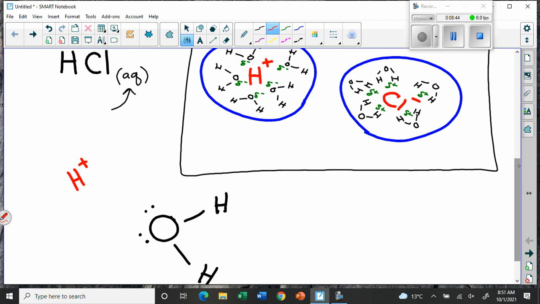This H right up here, this red H, it's positive. So it will be attracted to negative things. And what happens is, if you notice, right here, there are two negative electrons that aren't doing anything. Now, a hydrogen might just ride over here and be attracted to the negative charge of those two electrons and sort of hang out there.